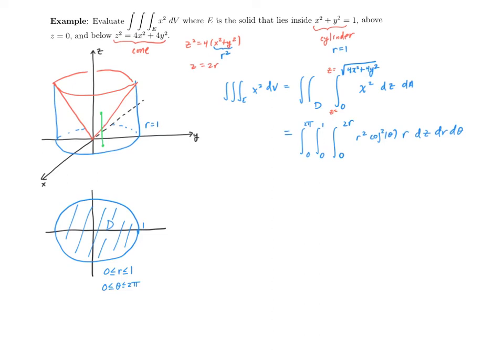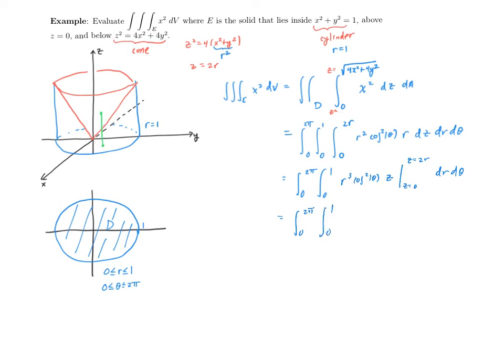The first thing we need to do is integrate on the inside. And note on our inside integral, the integrand, r cubed cosine squared, is a constant with respect to z. So we get that constant multiplied by z, and we're evaluating from z equals 0 to z equals 2r. So we substitute in z equals 2r, minus, substitute in z equals 0.